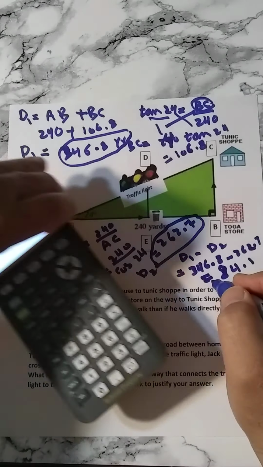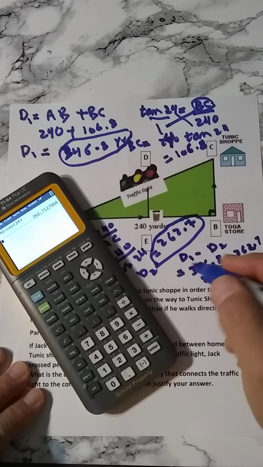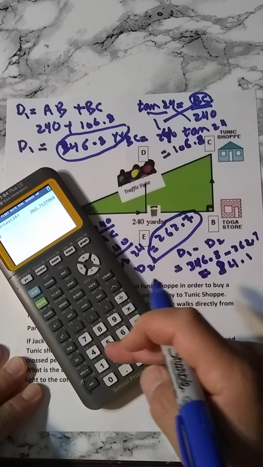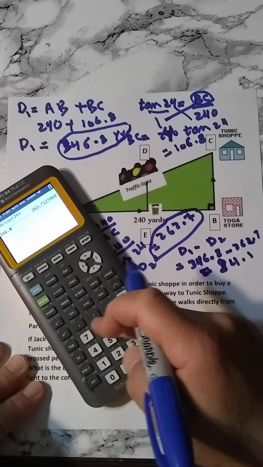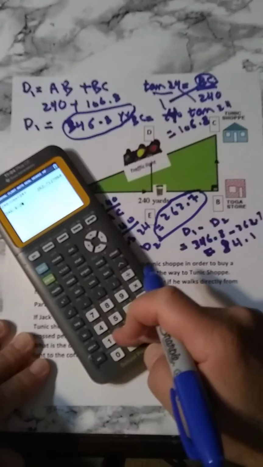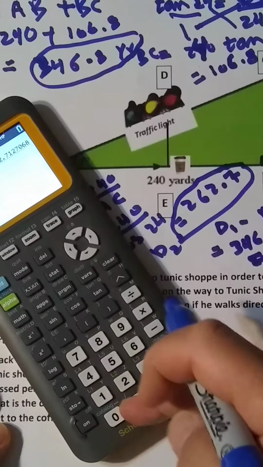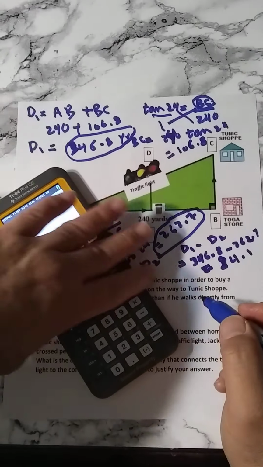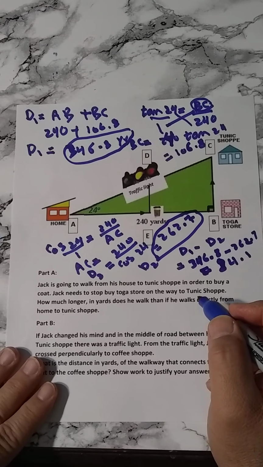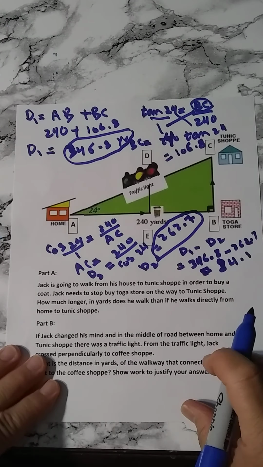Let's make sure our calculation is correct. 346.8 minus 262.7, yes, it's 84.1. So that's our response to part A.